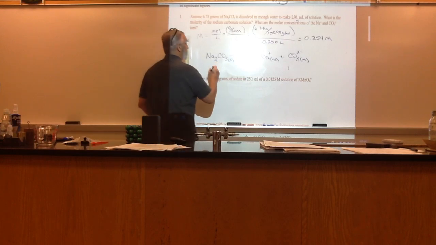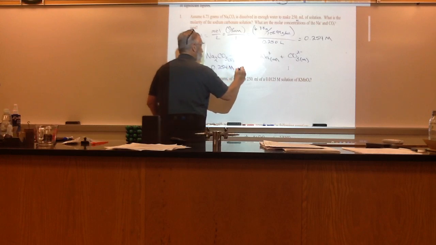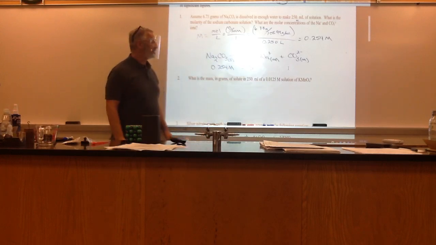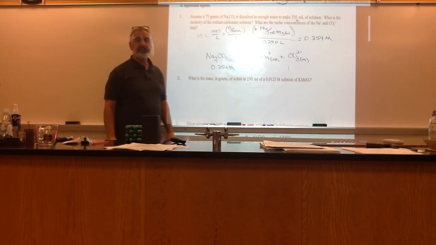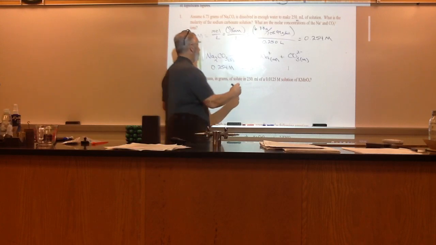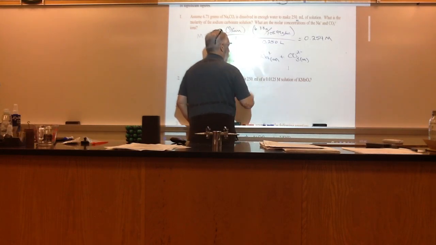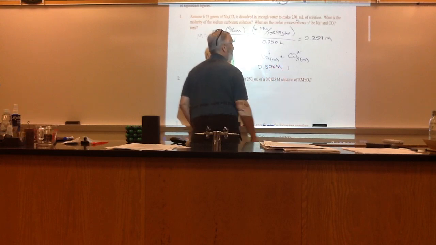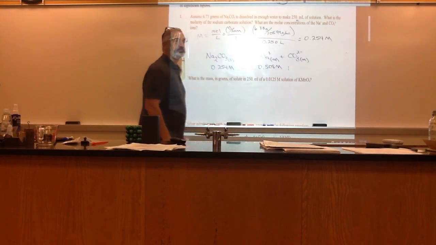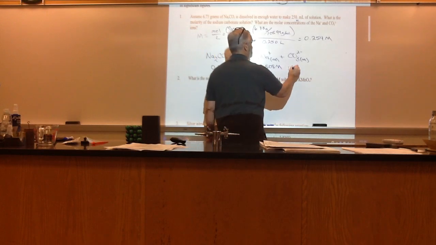So if I have 0.254 molar of this, for every one of these, how many sodiums am I going to get? So what's the concentration of sodium actually going to be? 0.508, right? What about the carbonate? 0.254.